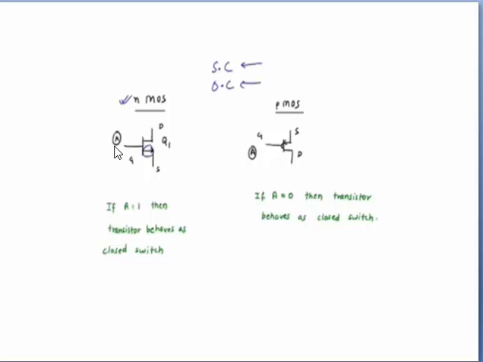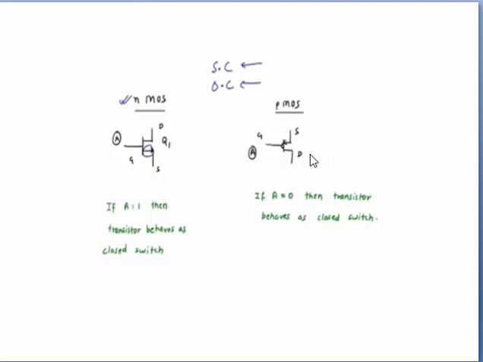At the gate side, A is the input. If input A is 1 in NMOS, then the transistor behaves as a closed circuit or short circuit. But if the input is 0, then it behaves like an open circuit. So this is the case for NMOS.